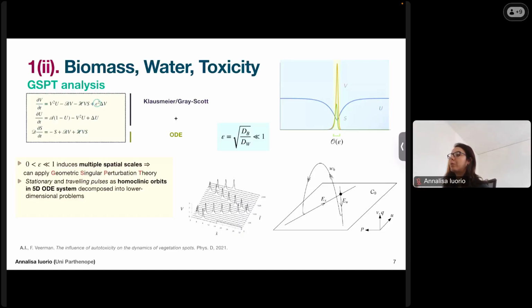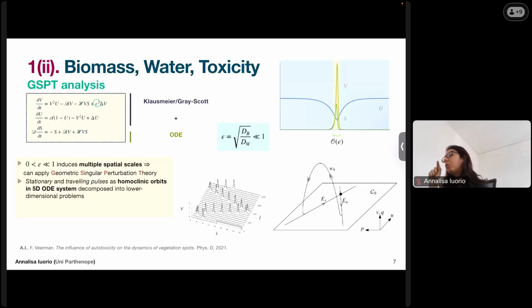You can reconstruct both traveling and stationary pulses by analyzing, in this case, a 5-dimensional ODE system in the traveling wave framework using GSPT. To give you an idea of what this looks like in the dynamical systems construction, you should see the panel on the bottom right.